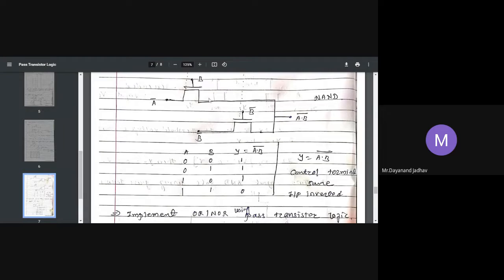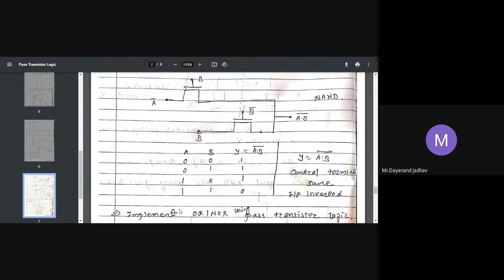But here B is equal to 1, B bar is 0, therefore this transistor is in off condition, so it acts as an open switch. Therefore A equal to 0 means A bar is 1, and 1 passes to the output, therefore Y is equal to 1. Just like that, you have to implement the logic gates by using pass transistor logic.